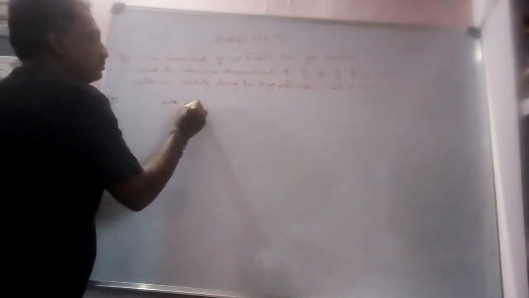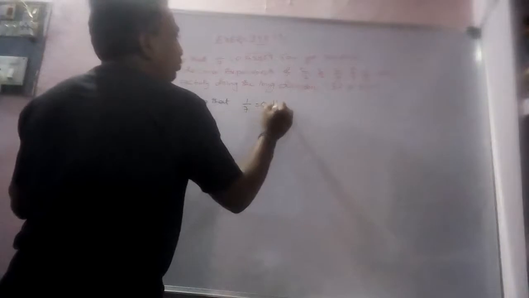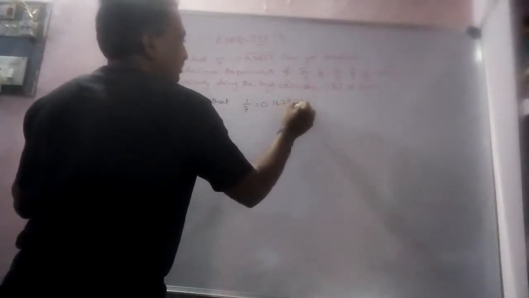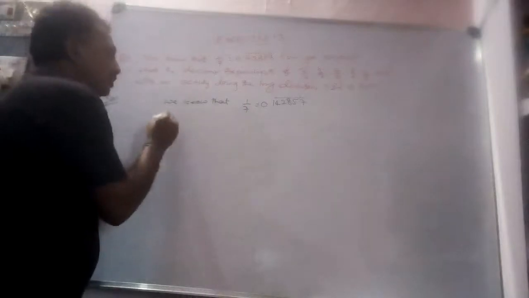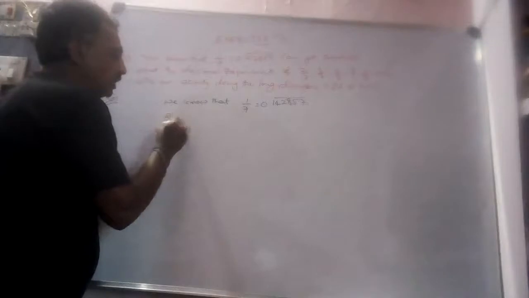If so, how? Solution. We know that 1 by 7 equals 0.142857 bar. So how do we find the values without the long division method?